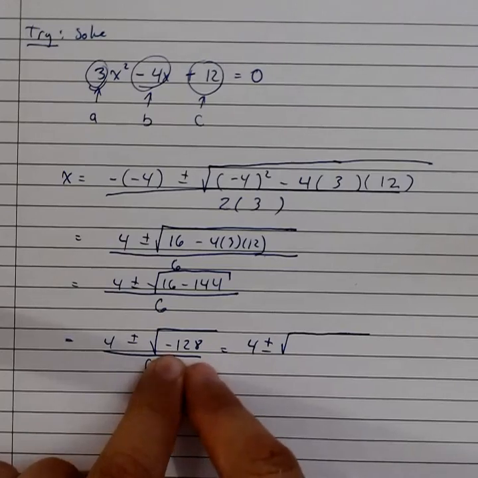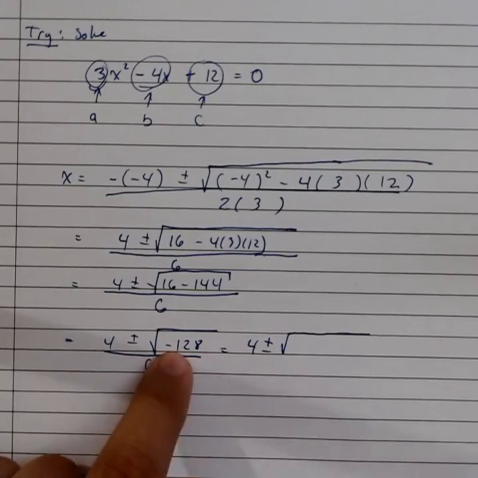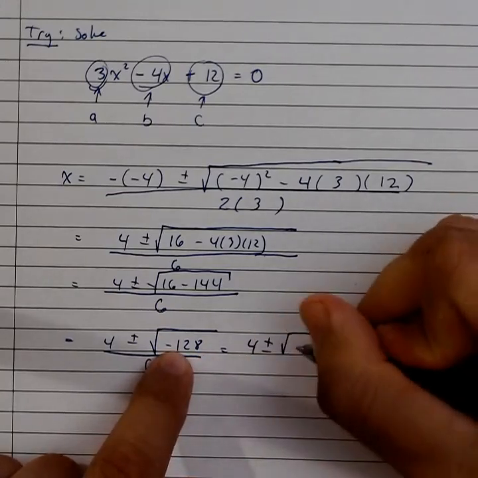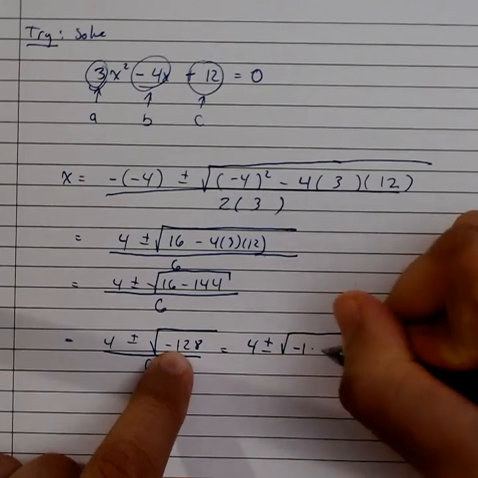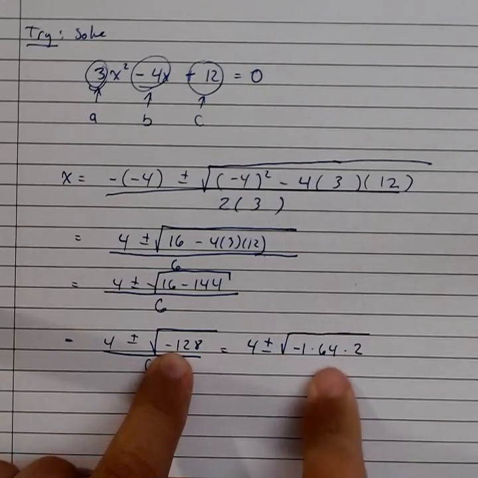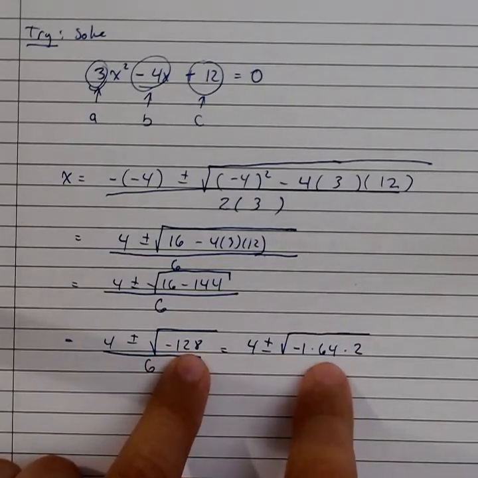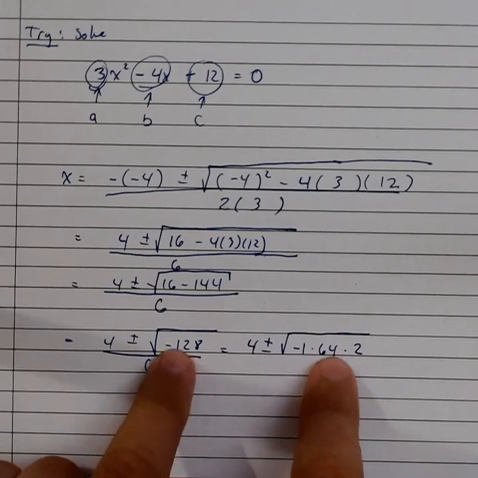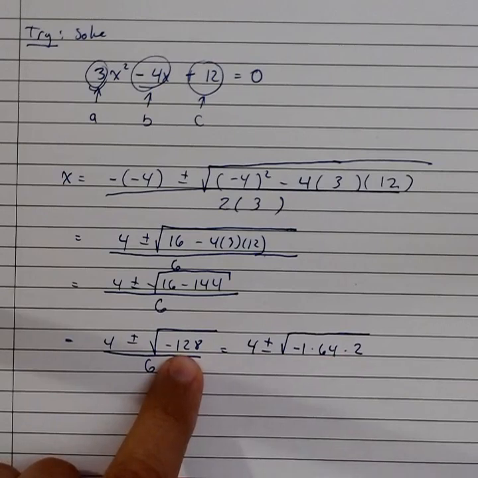But what I want is the biggest number that I can get that's a perfect square. That's a factor of 128. So here I'm going to write this as negative 1 times 64 times 2. Yeah, I know that there's other numbers that multiply to give me 128, but here 64 is the biggest factor of 128 that is a perfect square. I can take the square root of 64.